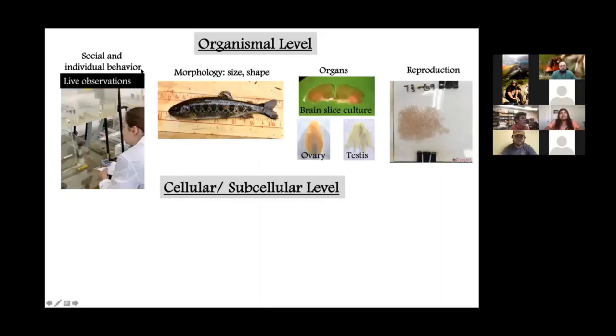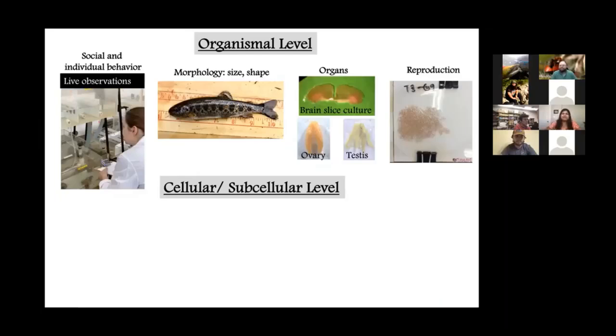We also look at morphology, so how big a part of the body is, or the entire body, or the shape of fins, for example, as well as reproduction. If you look really closely, these are actually eggs from a fish, and the little dots are eyes of the developing embryo, and they actually wiggle sometimes.